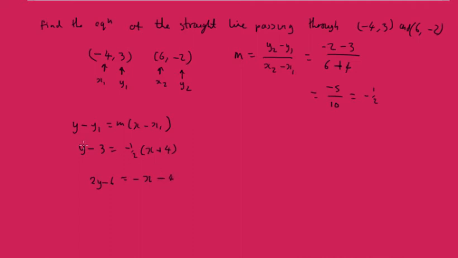So we've multiplied through by 2, so as to get rid of the half. And then rearranging it, we'll get x plus 2y equals 2.